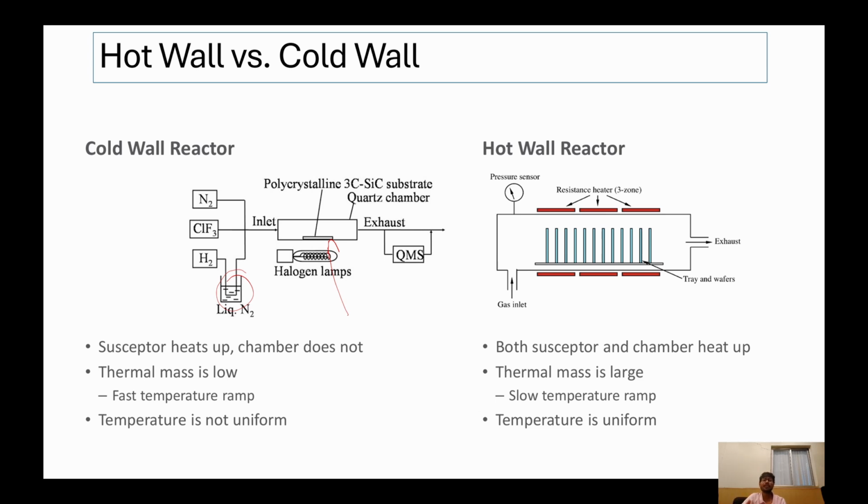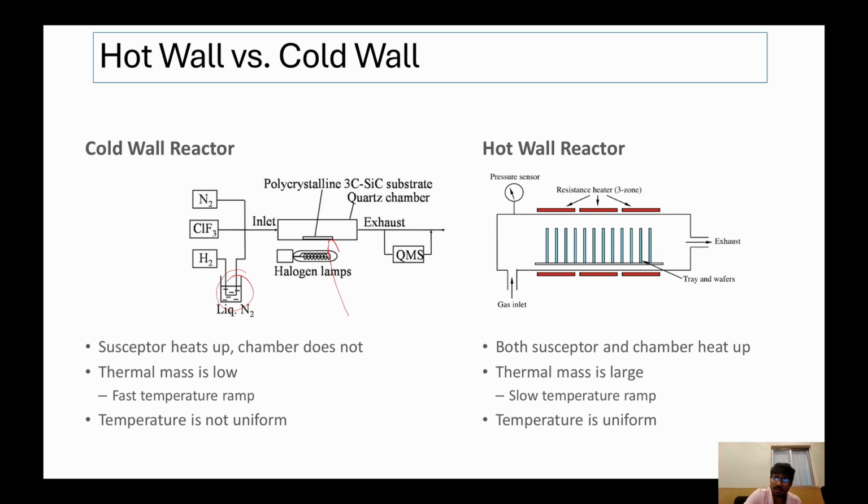No need to heat the whole chamber, that will be costly. But the drawback is that in this case the temperature is not uniform all over the substrate. If you want a good, more uniform film, you need a uniform temperature, because at lower temperatures the reaction will be less and the rate slower, and at higher temperature the reaction rate will be higher. A difference in temperatures will give you non-uniformity.